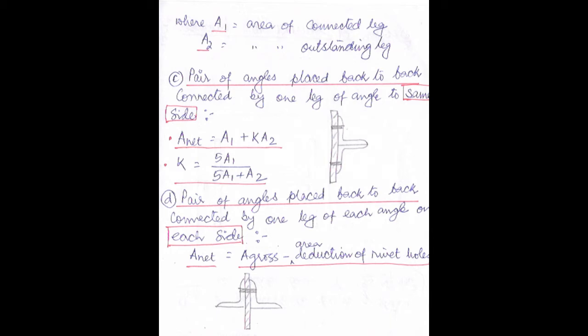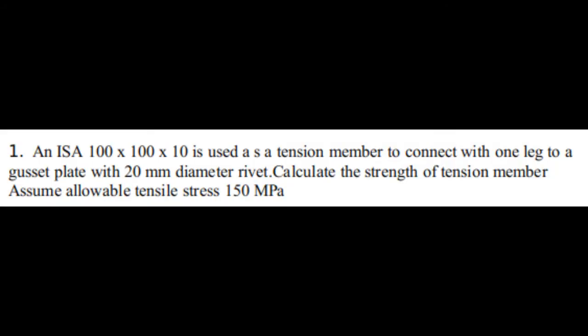In this case the net area can be found by gross area minus the area deduction of rivet holes. So these are the 4 cases which we will see with the help of one example and understand once again. Let us see question number 1.